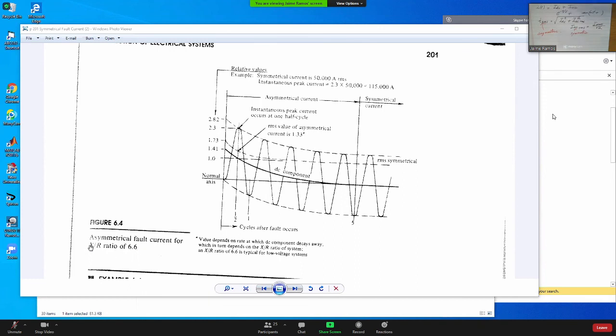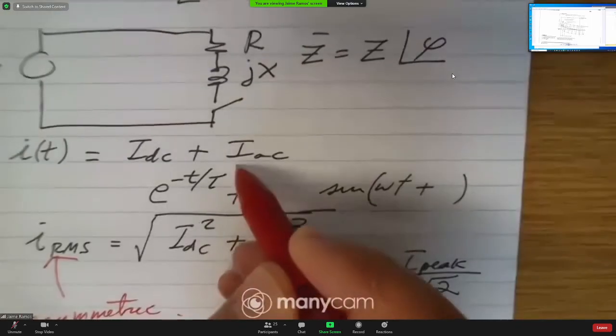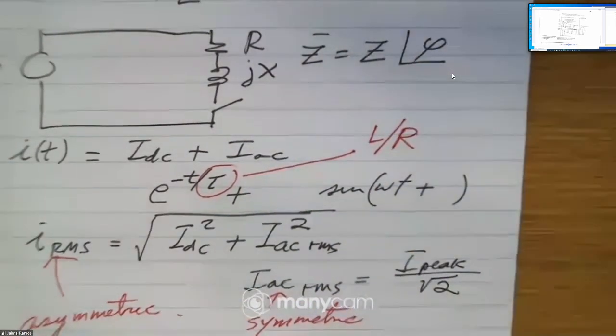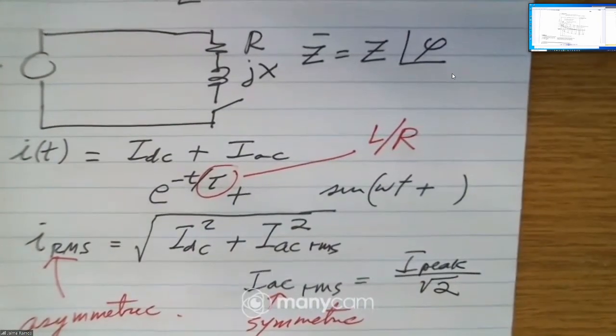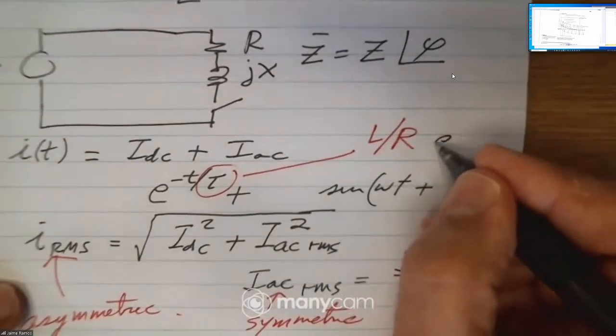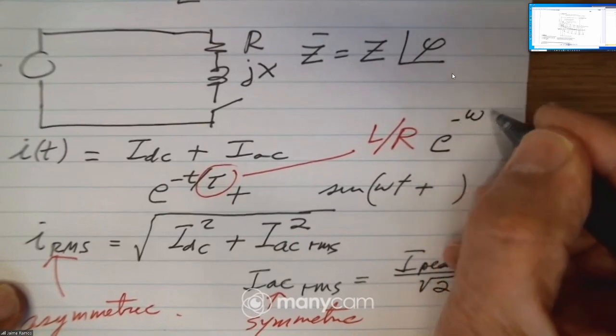Okay, so X is omega L. So this is the ratio of inductance to resistance multiplied by omega, 6.6. So why is that? Because this tau here is equal to L over R. However, the book writes like this, omega t.